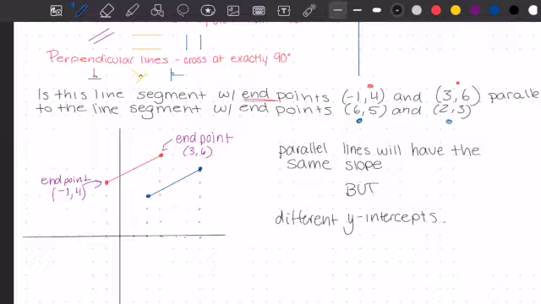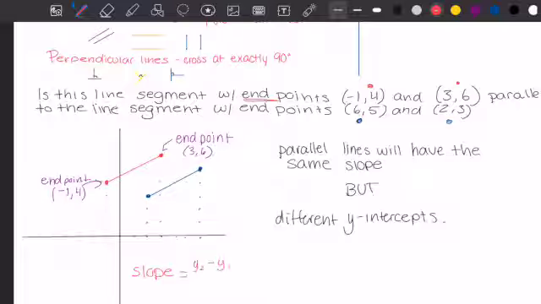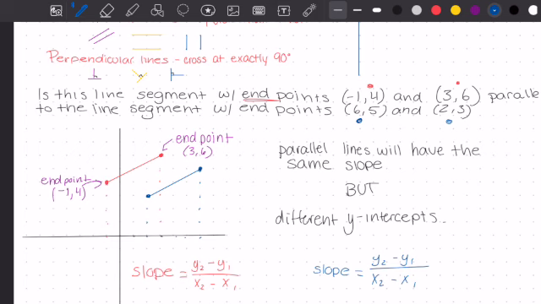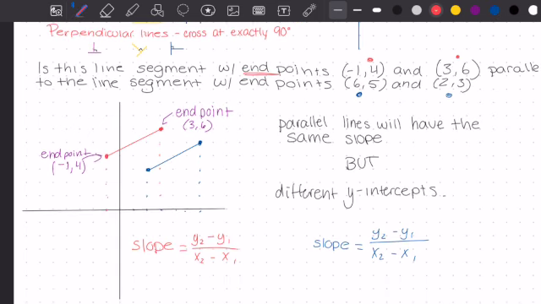So let's calculate slope. Slope equals y2 minus y1 over x2 minus x1. And my other line, my blue line, will be slope equals y2 minus y1 over x2 minus x1. And I'm going to plug in the values for each of those.